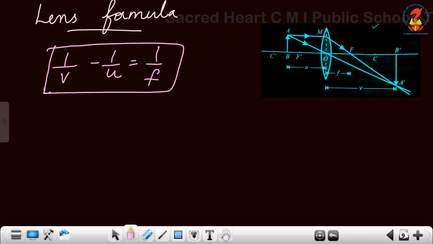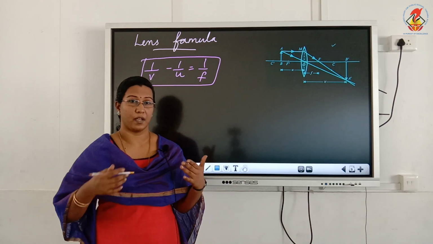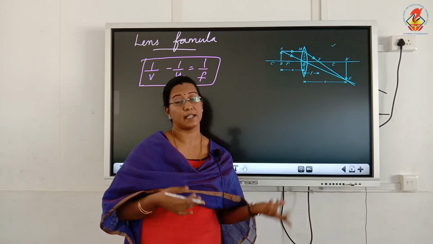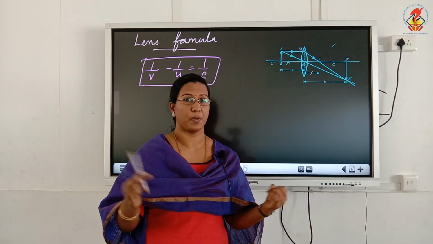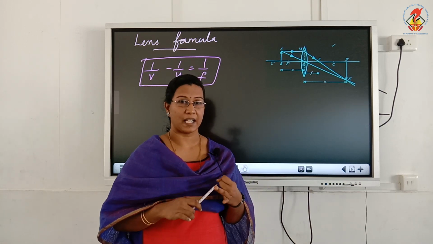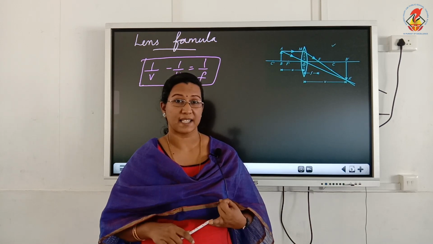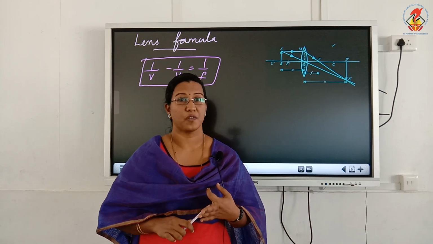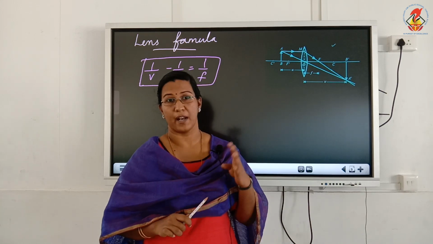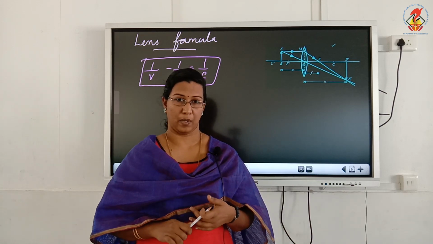We are going to derive this equation. For that we are using the assumptions that we used for deriving the lens maker's formula, which is all objects are considered to be point objects. Second one, the rays are paraxial, which means parallel rays close to the principal axis, making small angles with the principal axis. The third one, the aperture of the lens is very small, and also we are taking a very thin lens for deriving the equation.